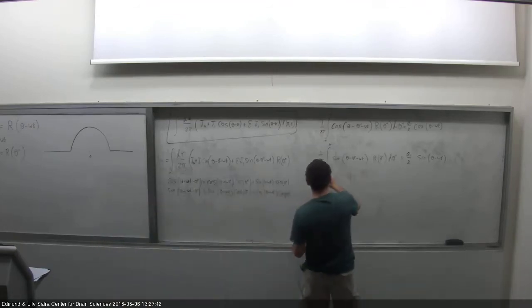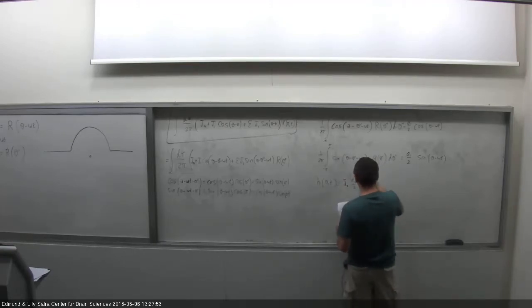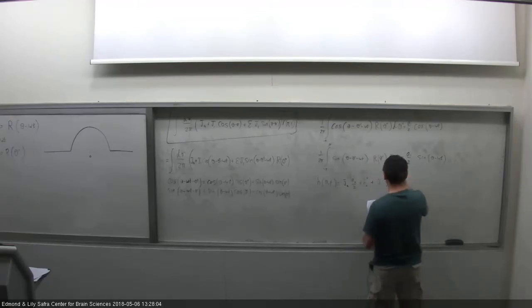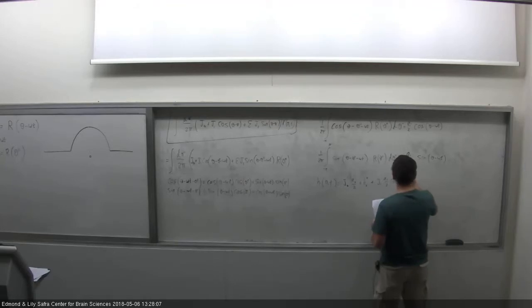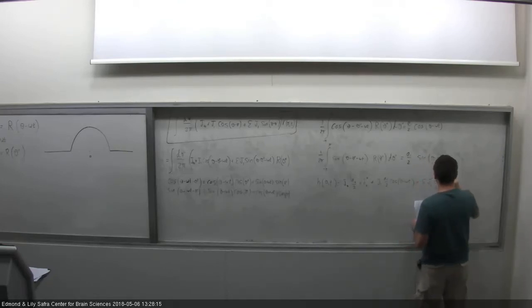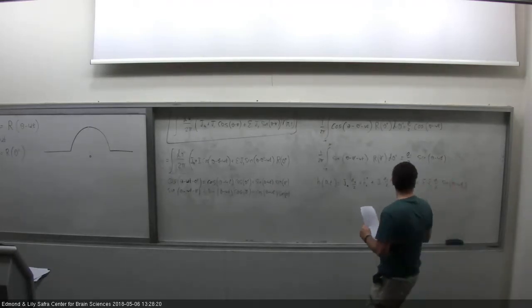So taken together, the input will be equal to J0 A0 over 2 plus H00, this is the DC component, plus J1 A1 over 2 cosine of theta minus WT plus epsilon J1 A1 over 2 sine of theta minus WT.